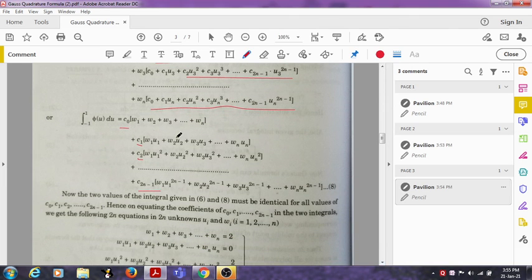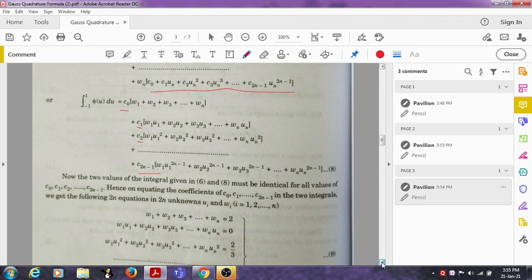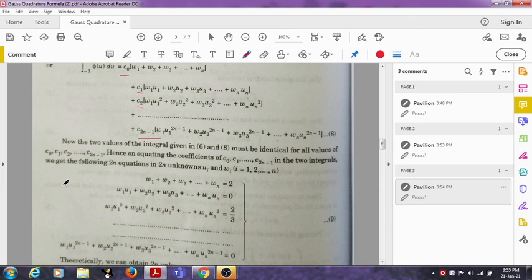So we can say that the right hand side of these two equations must be the same. So if we compare these two equations, we can say that w1 plus w2 plus w3 plus wn will be equal to 2. Next expression will be like this, and the next and last expression will be like this.